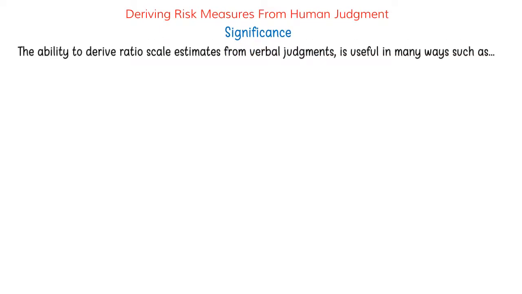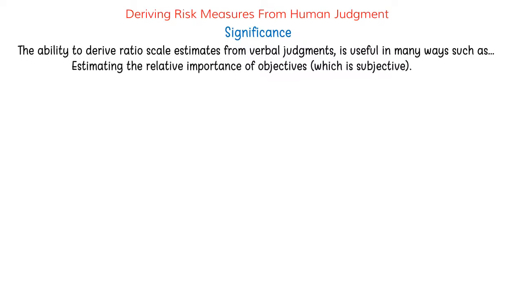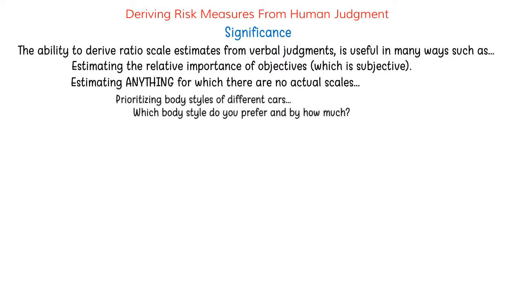Significance. The ability to derive ratio scale estimates from verbal judgments is useful in many ways, such as estimating the relative importance of objectives, which is subjective, estimating anything for which there are no actual scales, prioritizing body styles of different cars. Which body style do you prefer and by how much?